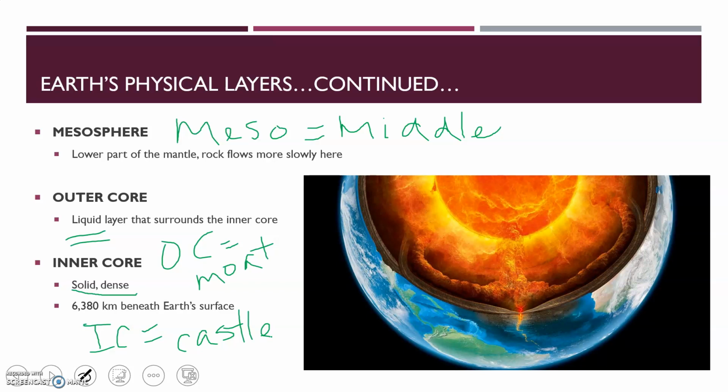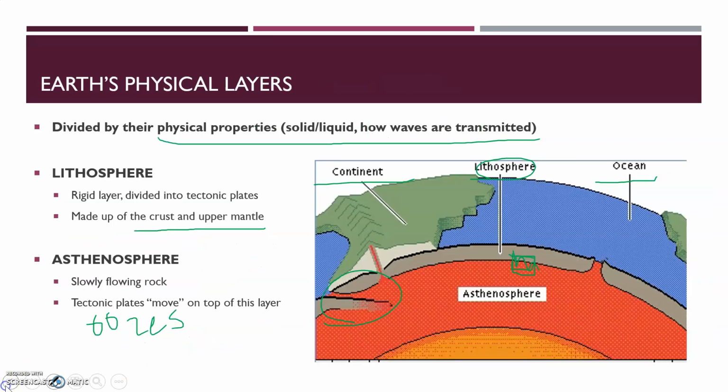So most important things, we're going to flash back and go back real quick. I want to make sure you know lithosphere is the layer that's the bottom of the crust here and the top of the mantle. That's what we're talking about when we're talking about the lithosphere. The asthenosphere is the oozing, slowly flowing, plastic-like layer.